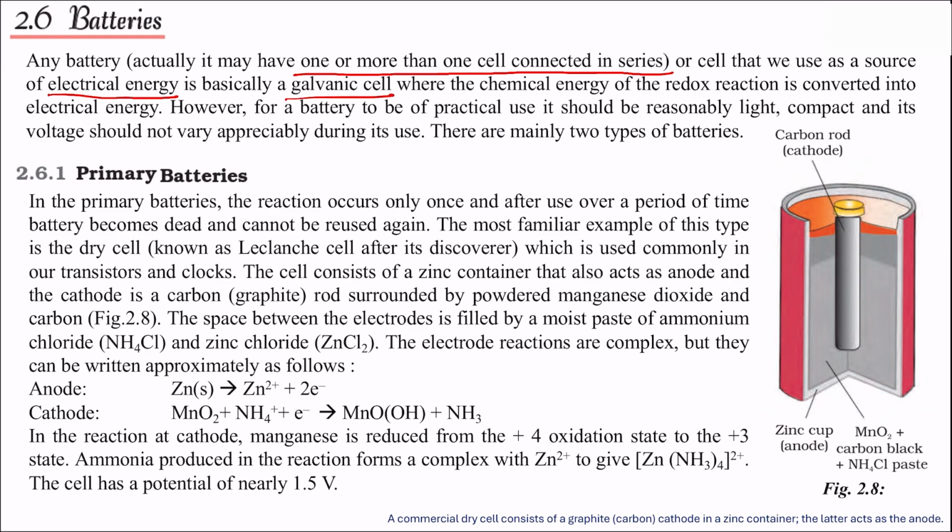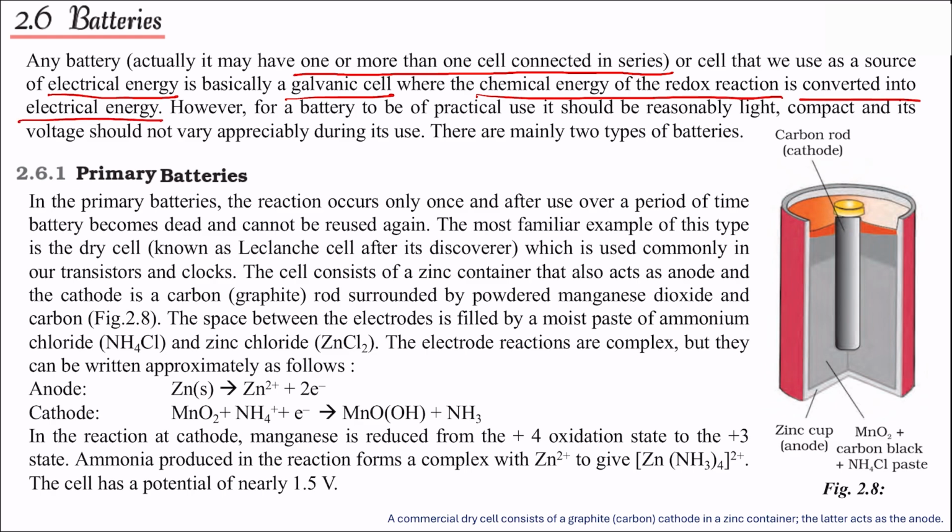So a battery or cell is basically a galvanic cell where chemical energy of redox reaction is converted into electrical energy.